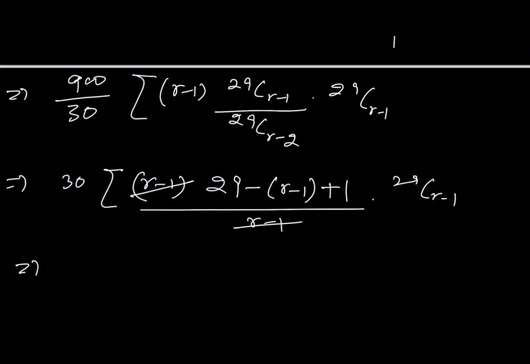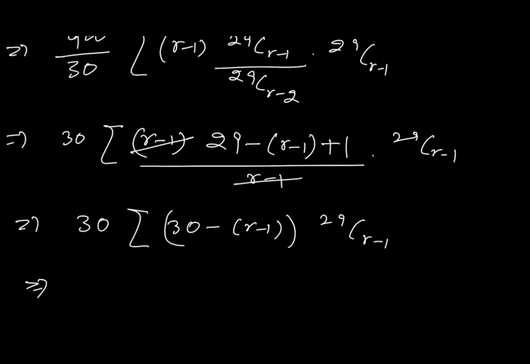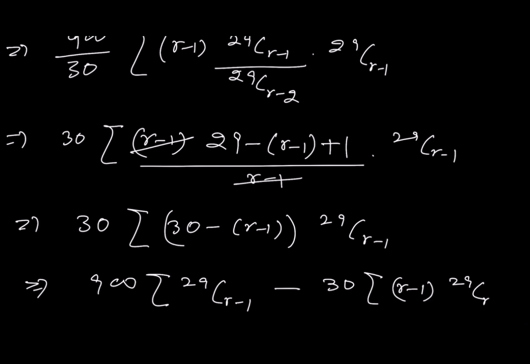So this is 30 times summation of 29 plus 1, that is 30, minus (r minus 1), into 29C(r minus 1). Now if I split this, it becomes 900 summation 29C(r minus 1) minus 30 summation (r minus 1) times 29C(r minus 1).